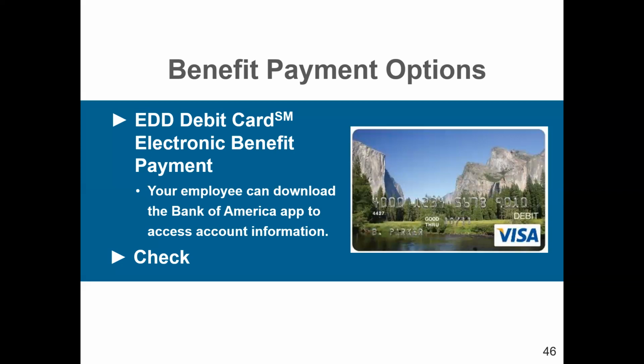They can transfer the funds from this debit card over to their personal checking account, and they can set up notifications via text messages or emails letting them know when they have funds on their account. It's just overall better.